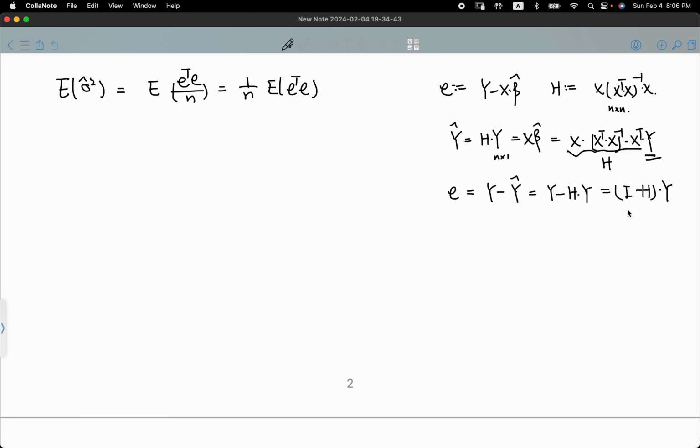Okay, so I minus H is n by n, and y is n by 1. Just to comment on that, we define the residual as I minus H times y.